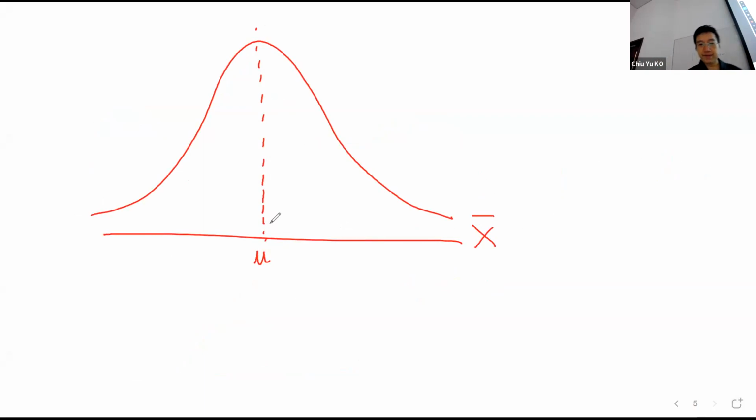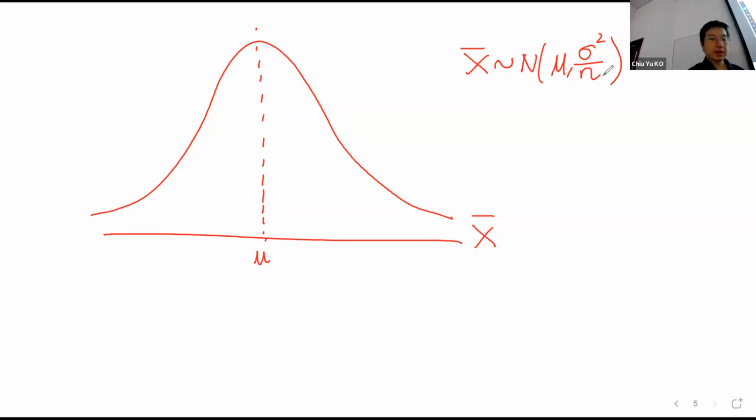So we have by central limit theorem that this is normal.